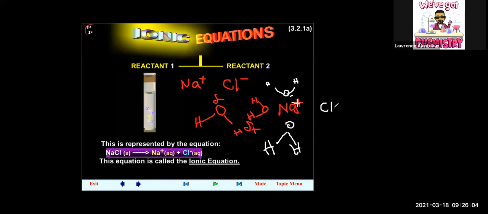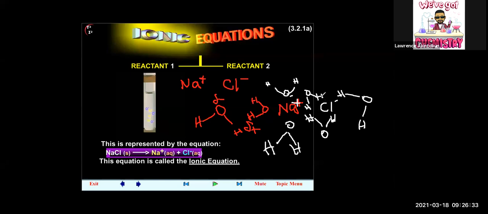The chloride ion, in its own case, is going to be this way. This will be the orientation.